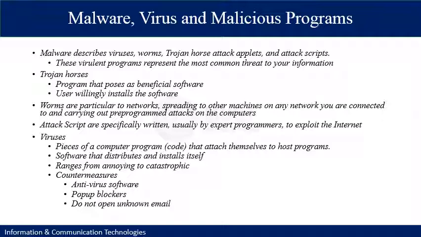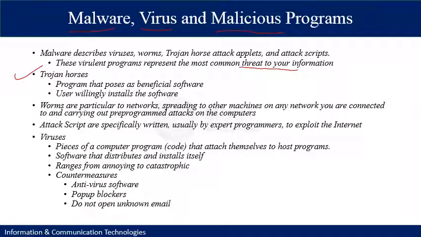On the other hand, simple attacks such as malware, a virus, or a malicious program can target the integrity of the data. Malware describes viruses, worms, Trojan horses, attack applets, and attack scripts. These virulent programs represent the most common threat to your information.